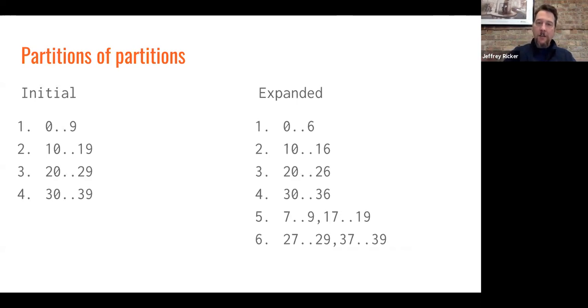I can take 2 from each of the existing processors and have the processors stop processing 2 of those or 3 of them, and then have one of the new processors pick up those partitions. This is called repartitioning. And this is how you scale up and scale down, is repartitioning.